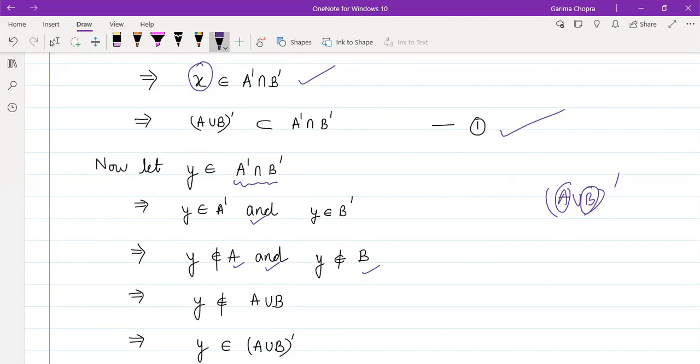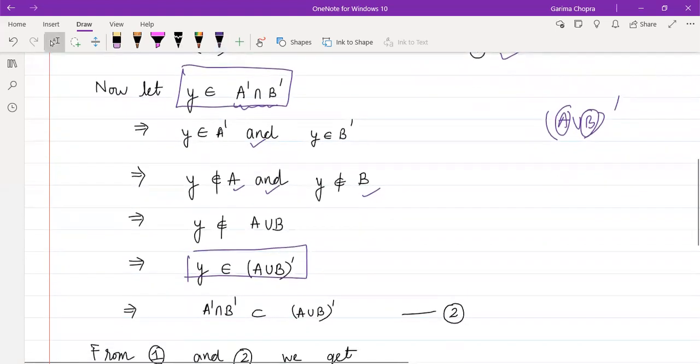So what we have done here, we have started with an arbitrary element in this A complement intersection B complement, and with this analysis we have shown that this Y belongs to A union B complement. And from these two, we can conclude that A complement intersection B complement is a subset of A union B complement, and we have named this as equation 2.